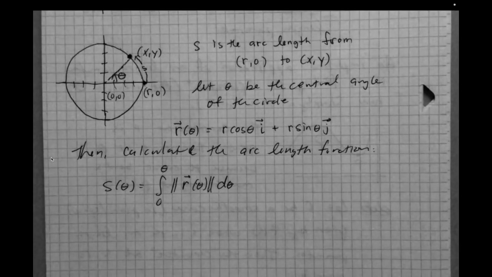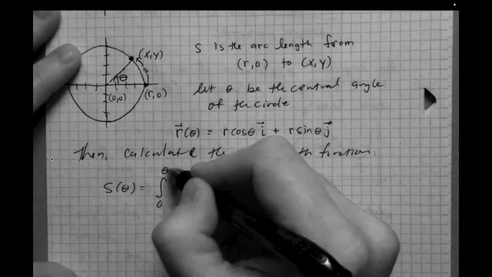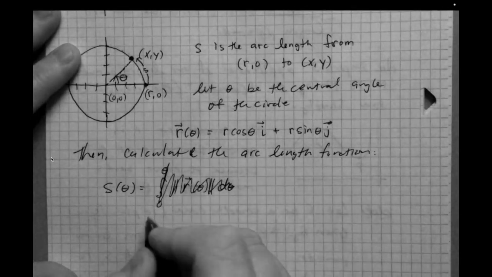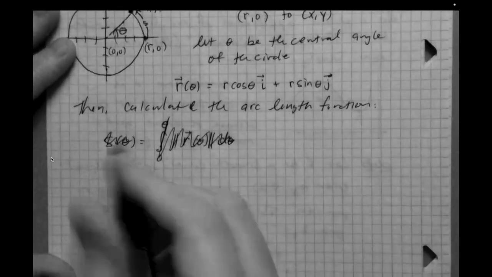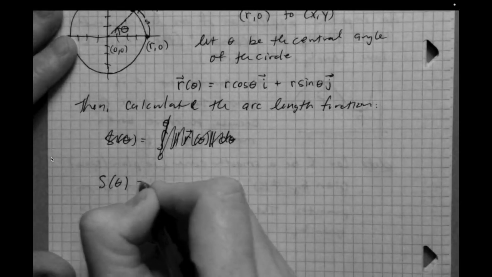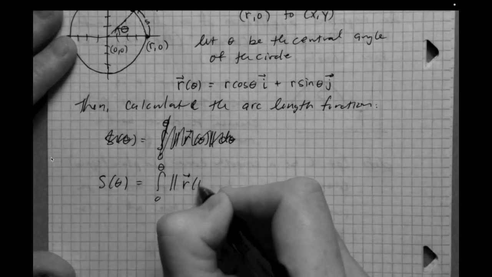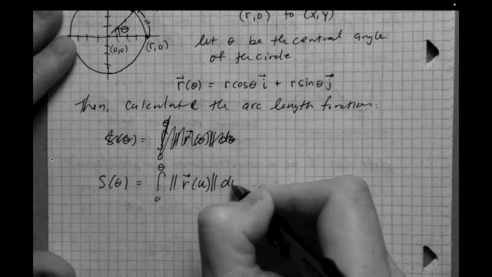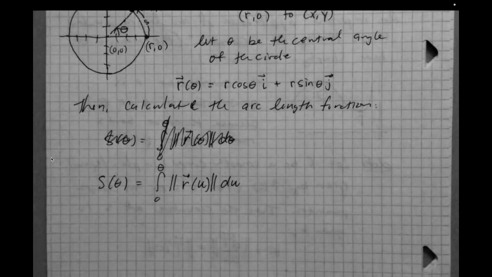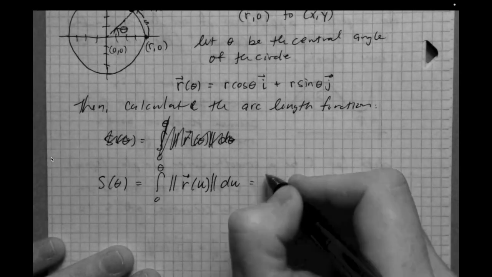Okay, this should be a u. Sorry, I did that again. I knew I would do it again. So s of theta is equal to the integral from 0 up to theta of the norm of r prime of u du.